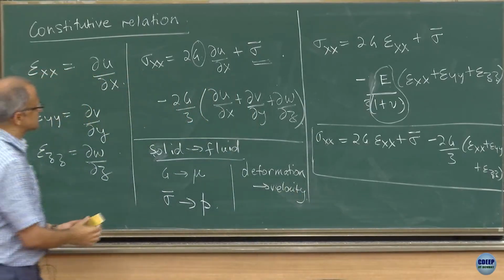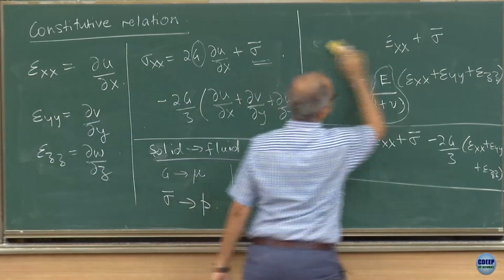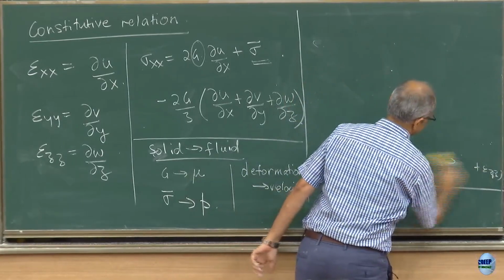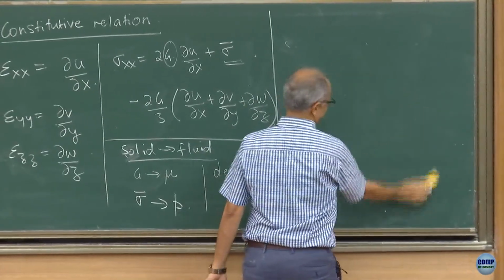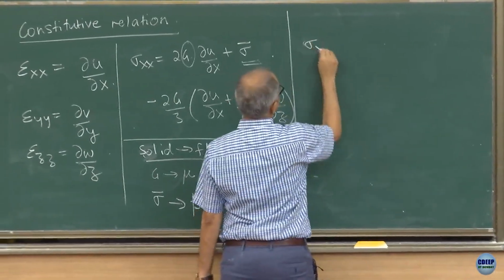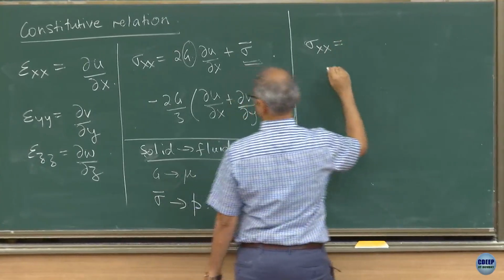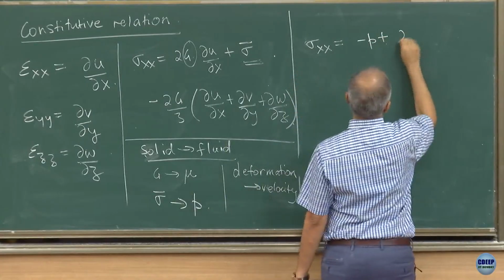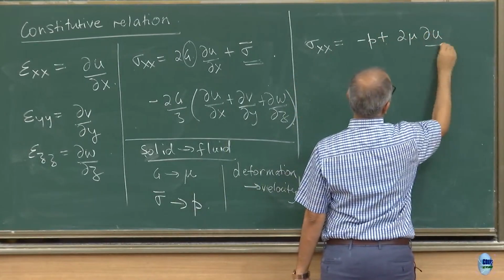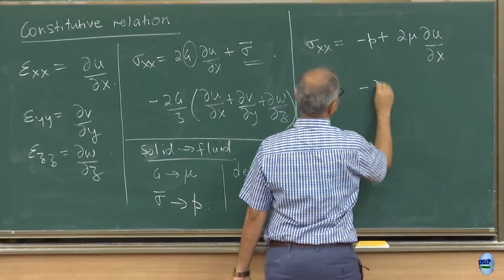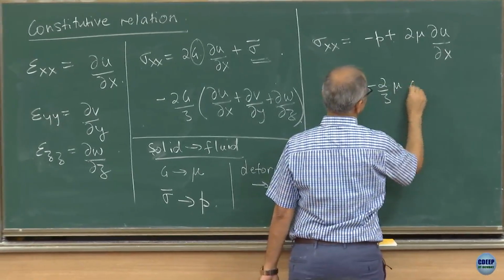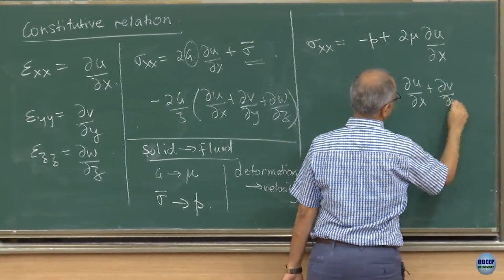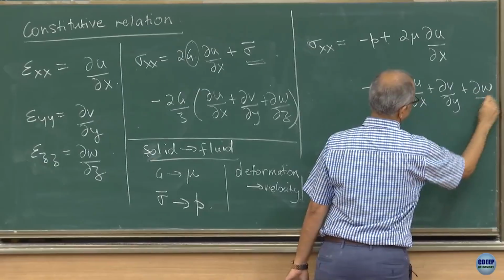So you can see now that sigma xx for fluids is equal to minus p plus 2 mu times dou u dou x minus 2/3 mu times (dou u dou x plus dou v dou y plus dou w dou z).